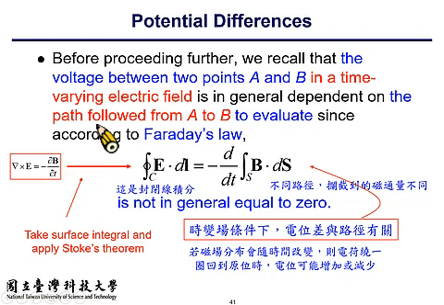However, in the condition of static field, without the time variant part, the curl of E is what? It's a constant. It's a constant under the static field condition.